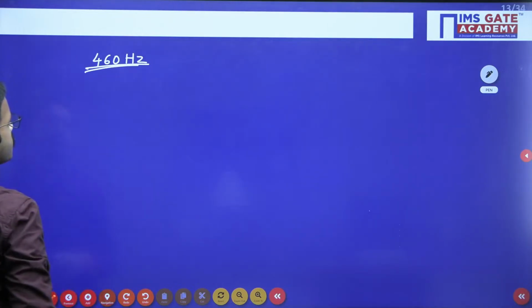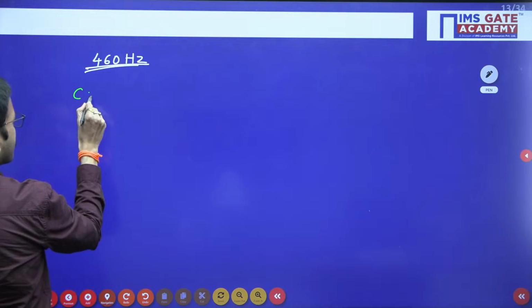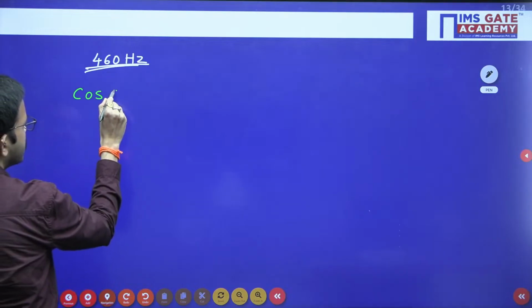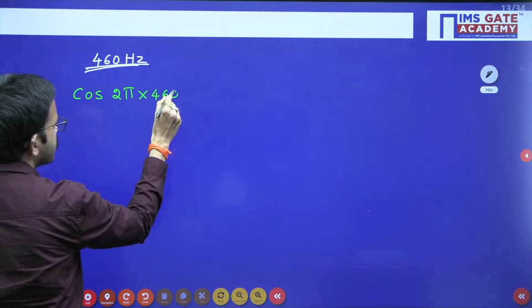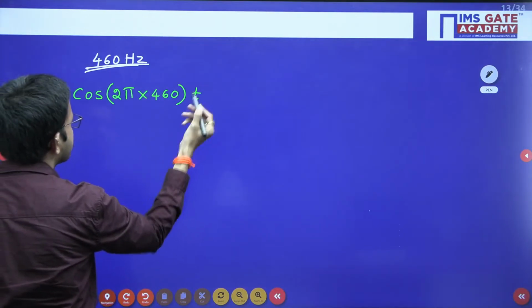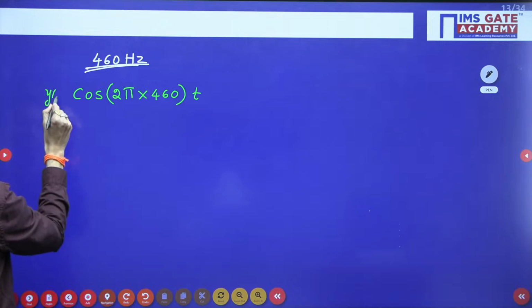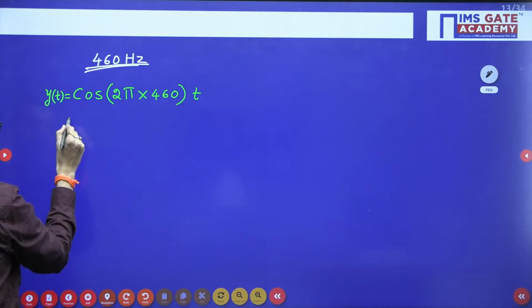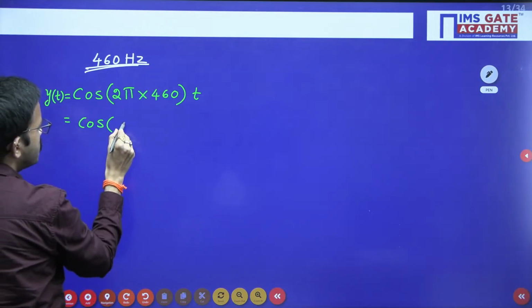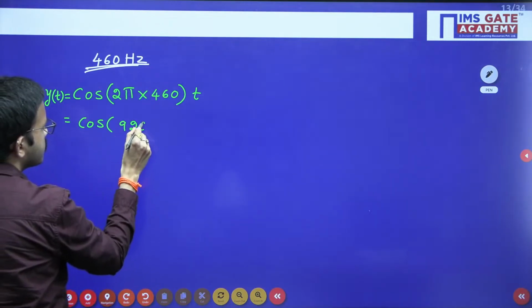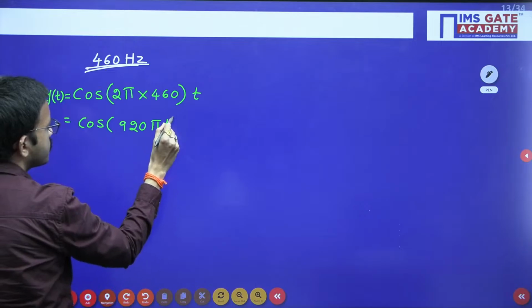So now you have to write in the standard form, cos 2 pi ft format, cos 2 pi into 460. So here 2 into 460, so that means you will get 920 pi t.